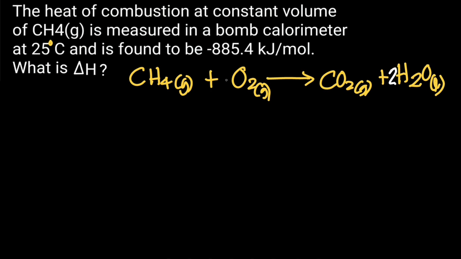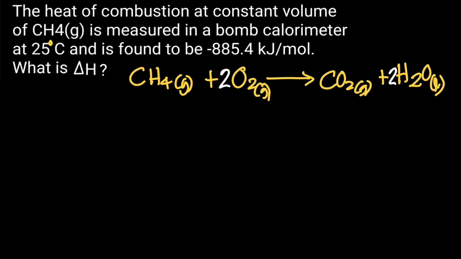It should be 2 here because there are 2 oxygens, so 4. I think that one is already balanced. Methane, CH4, reacts with oxygen gas from the air, and then it produces carbon dioxide and water vapor. So we have already written the balanced chemical equation of the heat of combustion of methane gas.